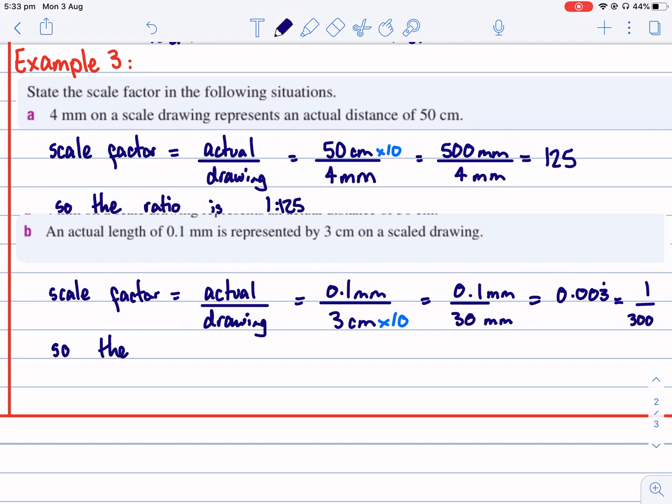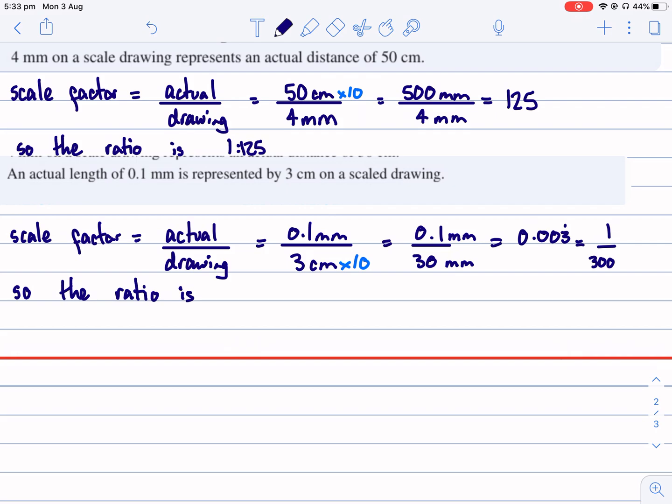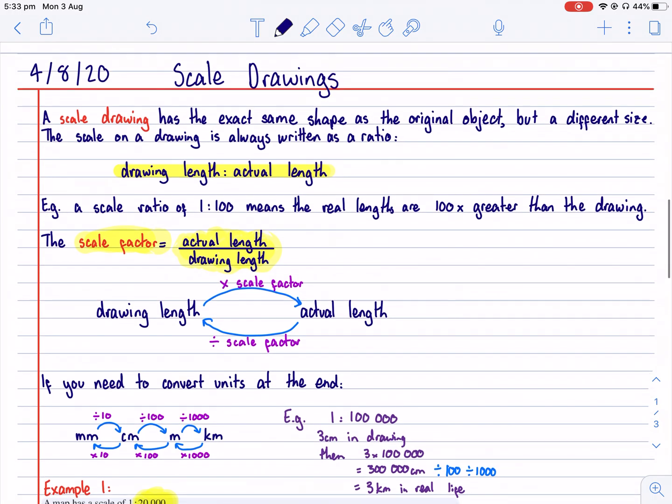So the ratio is, you know how we've got 1 over 300? That means 300 to 1. So that's these ones.